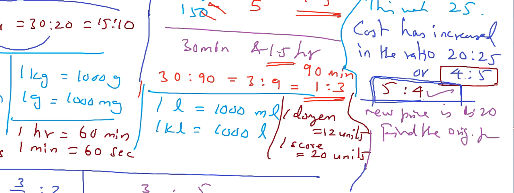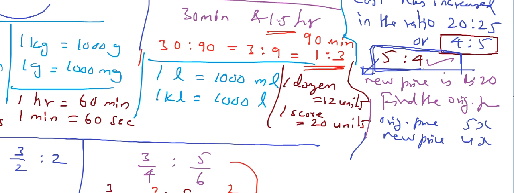As we saw in the last video, we can take the original price as 5x and the new price as 4x. It's given the new price is 20, so let's equate that.